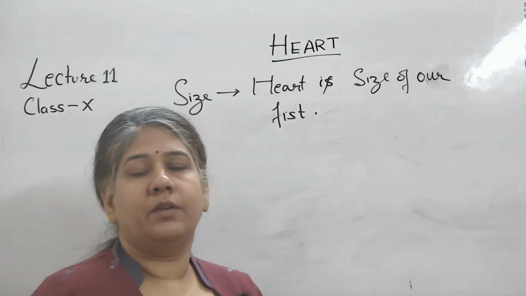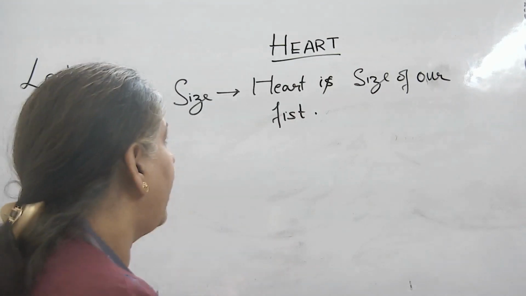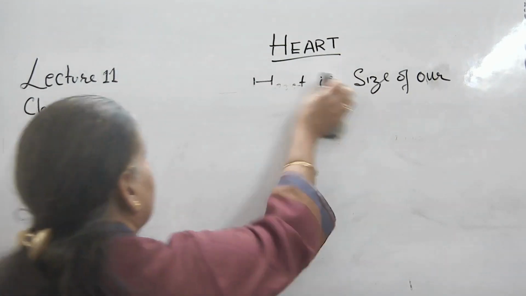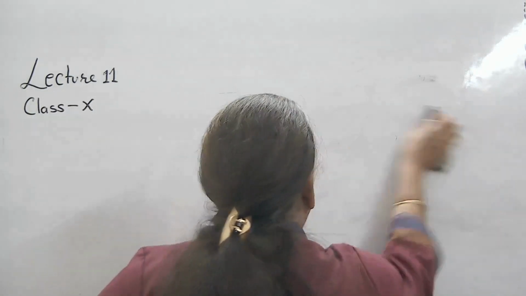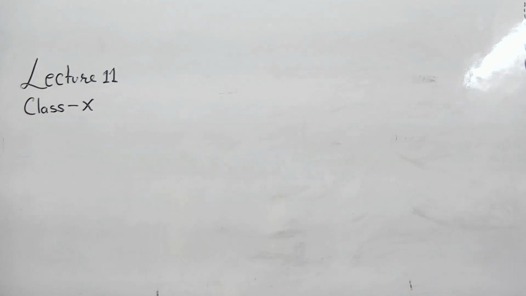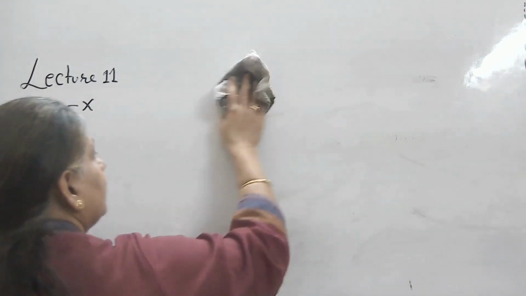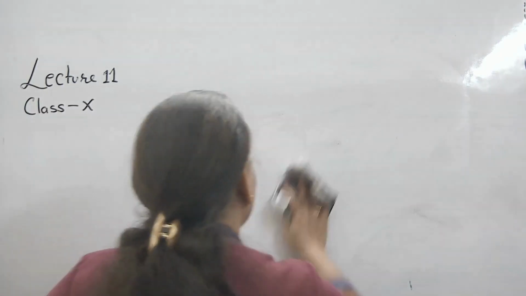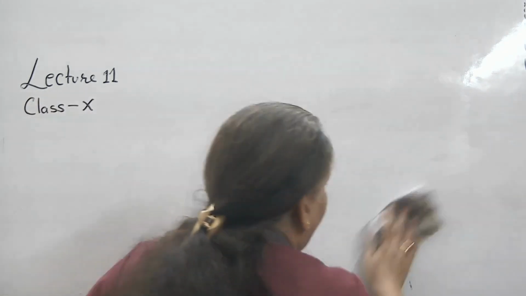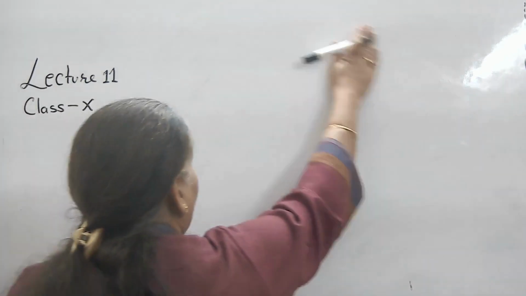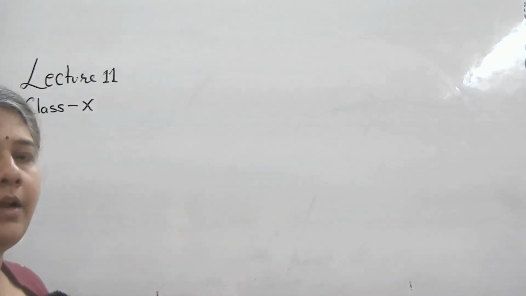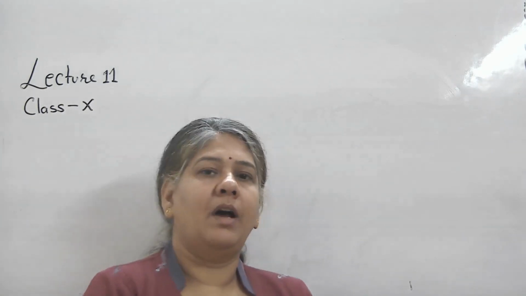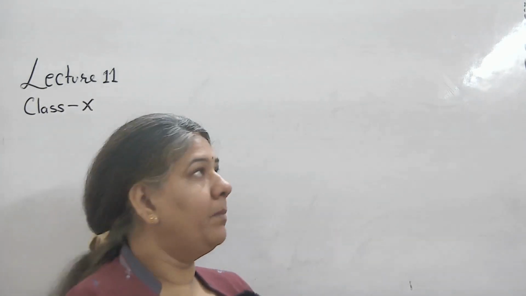Next we see the structure of heart or anatomy of heart. Anatomy means the structural details of the heart. So human heart, we are studying human heart. So human heart is the most evolved heart and it is 4-chambered.